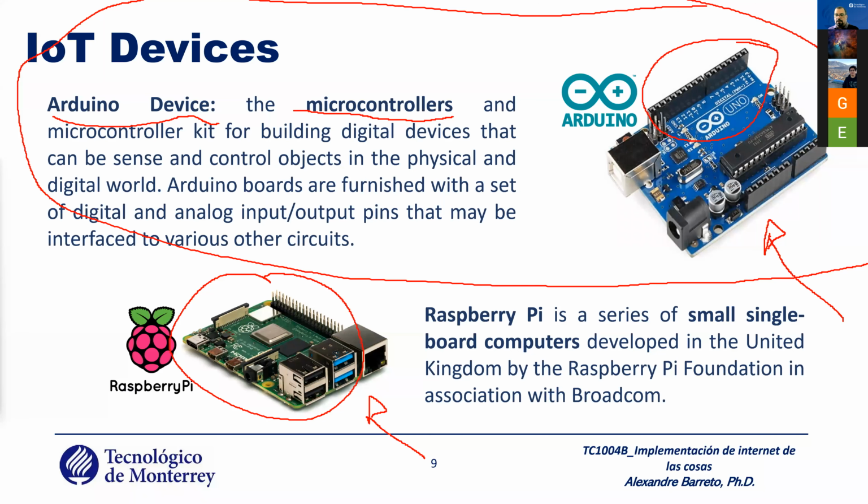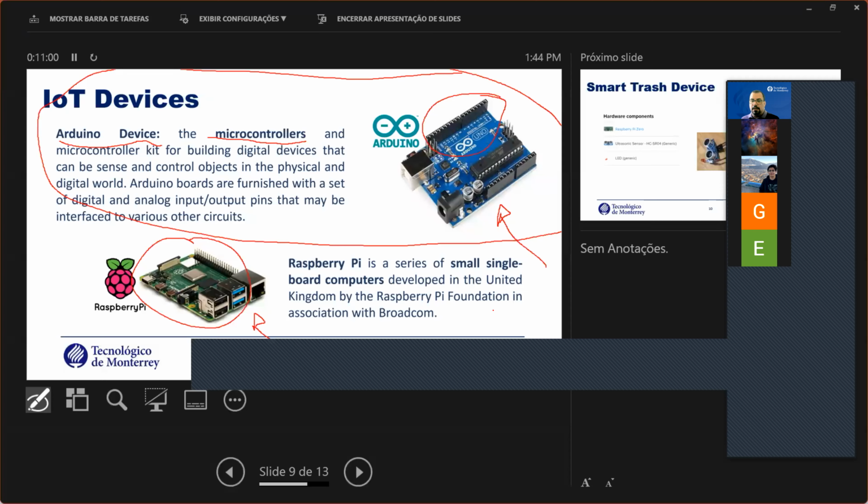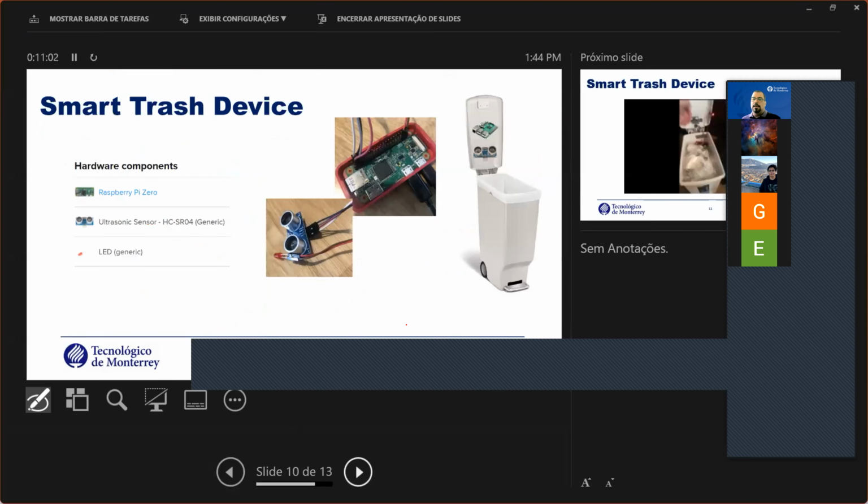I need to stop and share. In our project, each example is, where's the pointer? Here. You have a Raspberry and this sensor, the ultrasonic sensor, and you can have a LED, or two or three LEDs, for example.